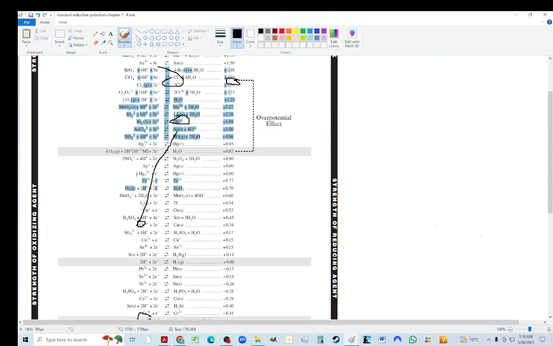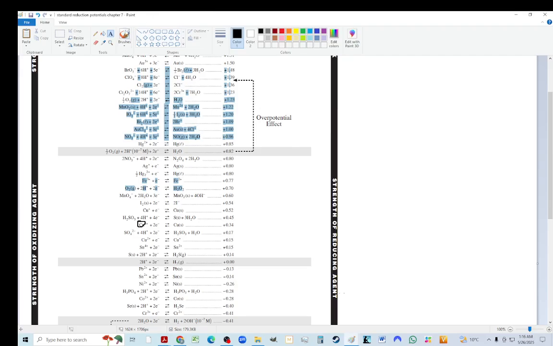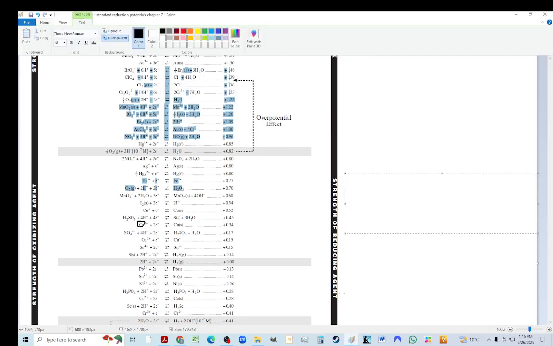So you write the bottom one as normal, because it's the reverse of what a normal chemical reaction is happening. So that means the Cu2 plus is being reduced into Cu solid, and it has the normal voltage.